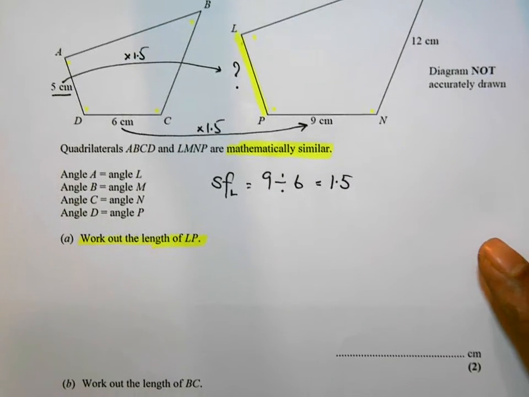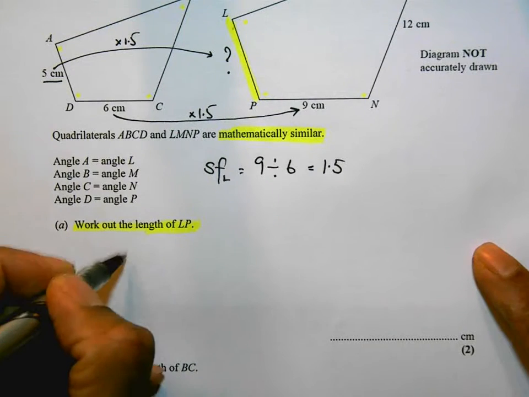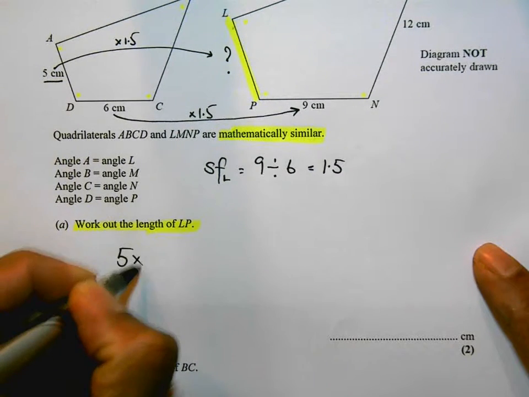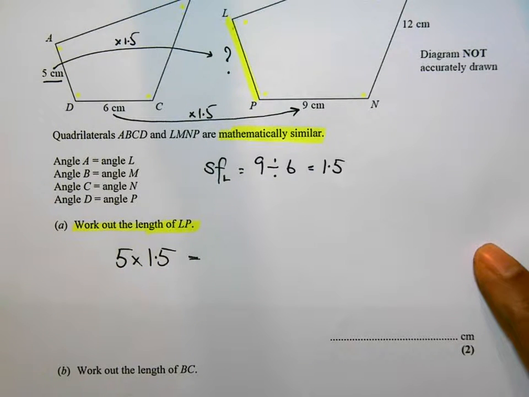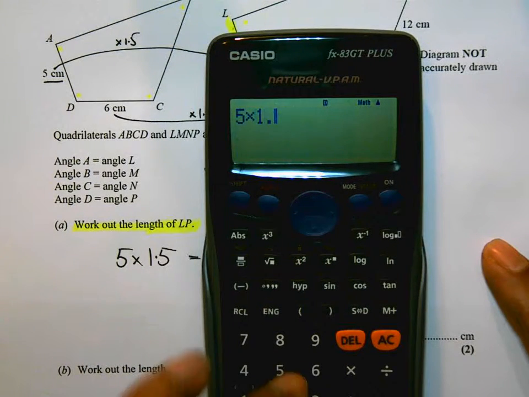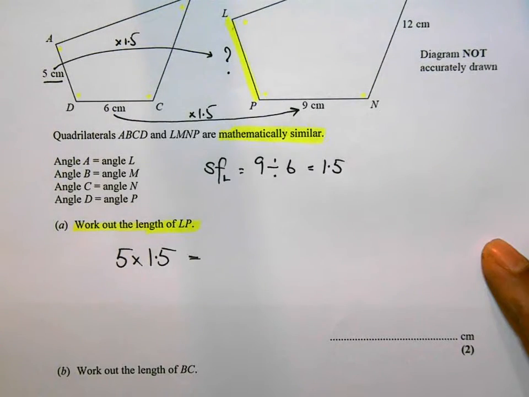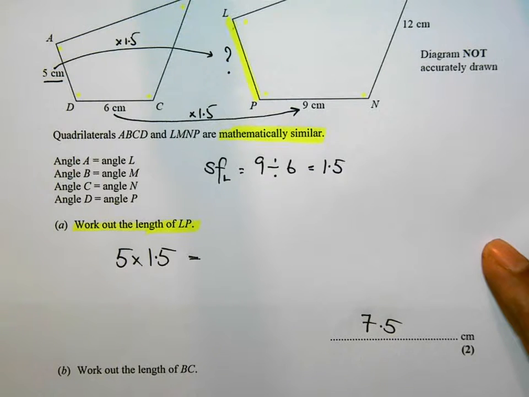So in the space provided, I simply need to do 5 times 1.5. I know what the answer to that is, but we shall do it anyway on the calculator. 5 times 1.5, 7.5. Okay, so that's the answer I'm putting in the answer space. And there we have the answer to part A.